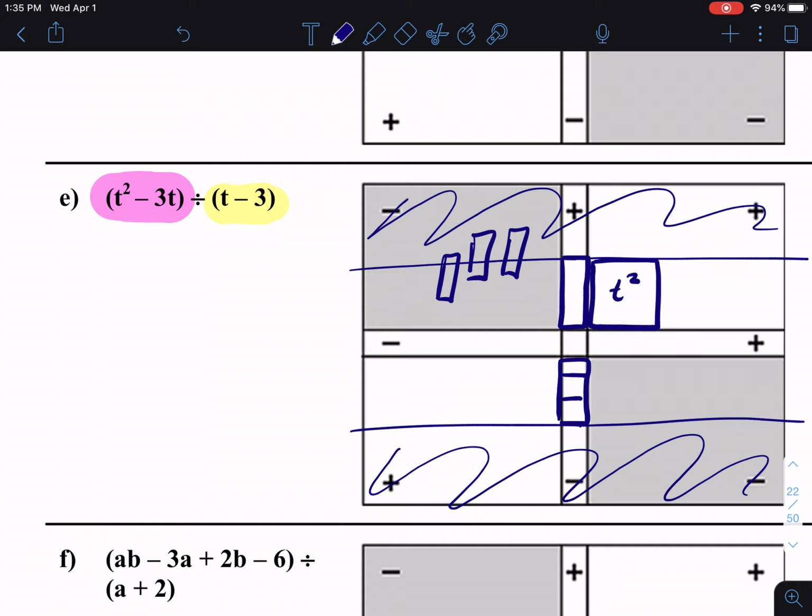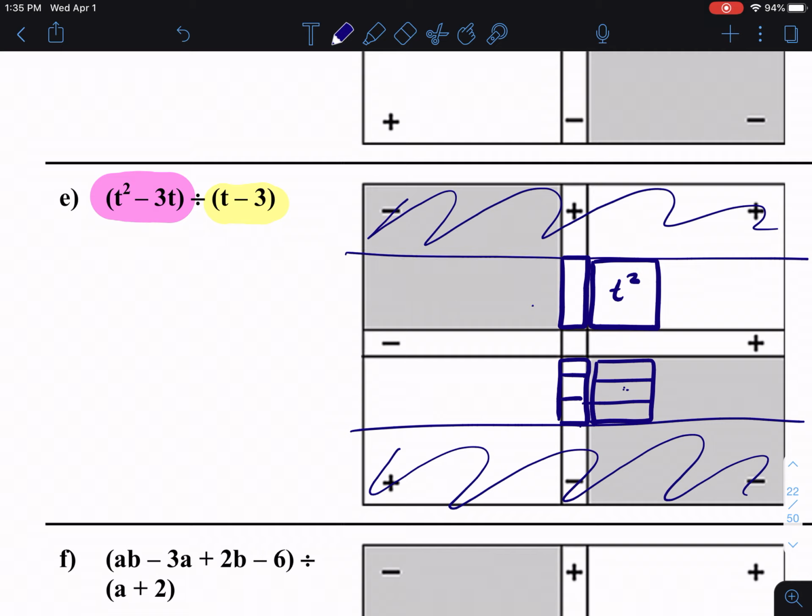And the negative 3t, well, if they line up here, then we're not going to have anything. If they line up in this quadrant, we're not going to have anything on the bottom. So we could take them and put them in here and line them up. So we have 3t.